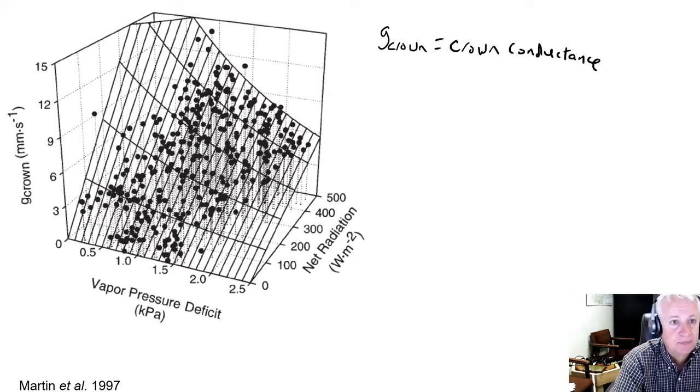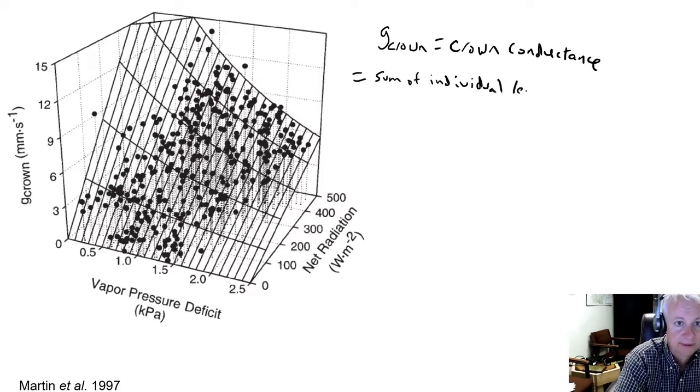And conceptually, crown conductance is the sum of individual leaf conductances of all the leaves on the tree.